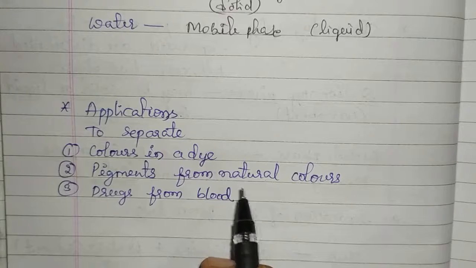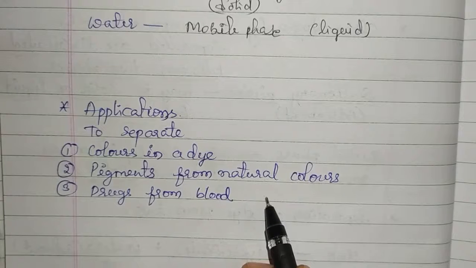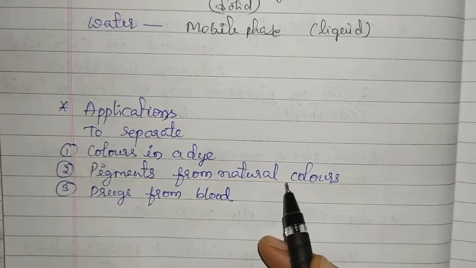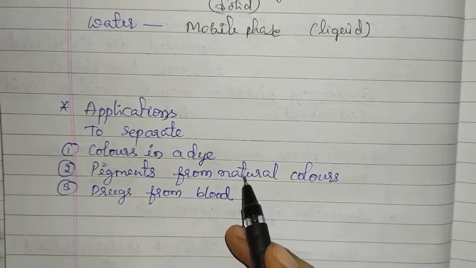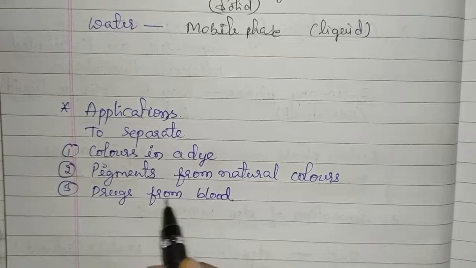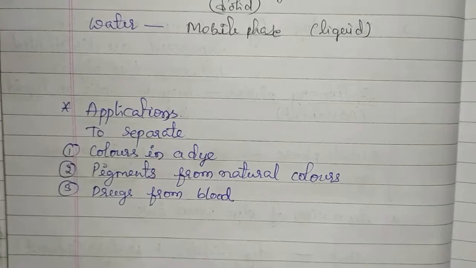Usually in a green leaf different pigments are present: green pigments like chlorophyll A and chlorophyll B, and yellow pigments like xanthophyll. We can separate those pigments by using chromatography. We can also separate drugs from blood by using the chromatography technique.